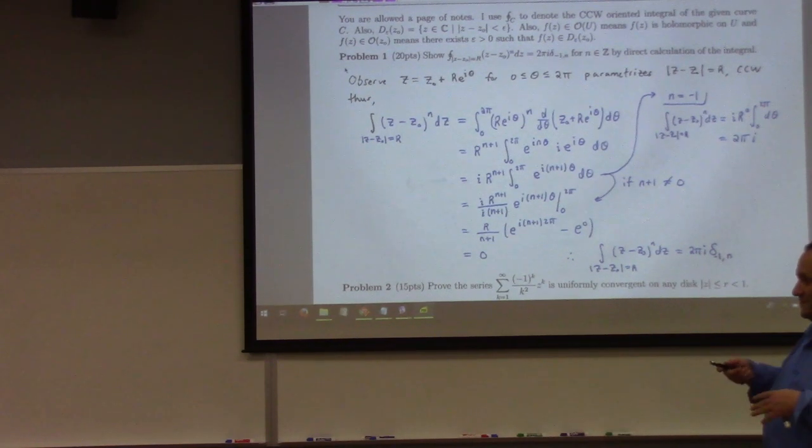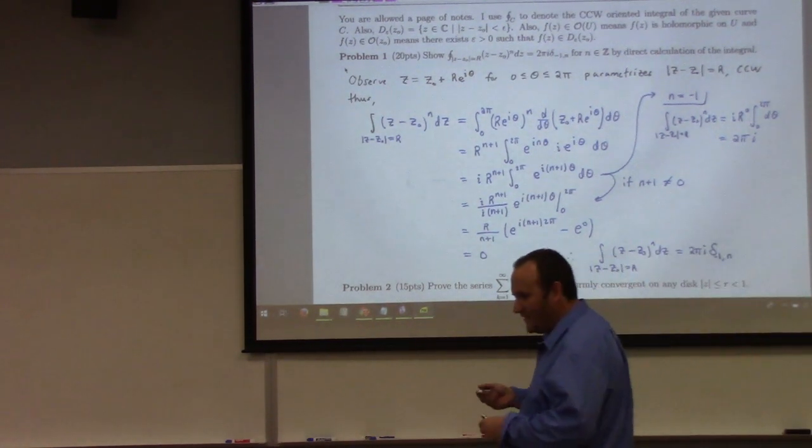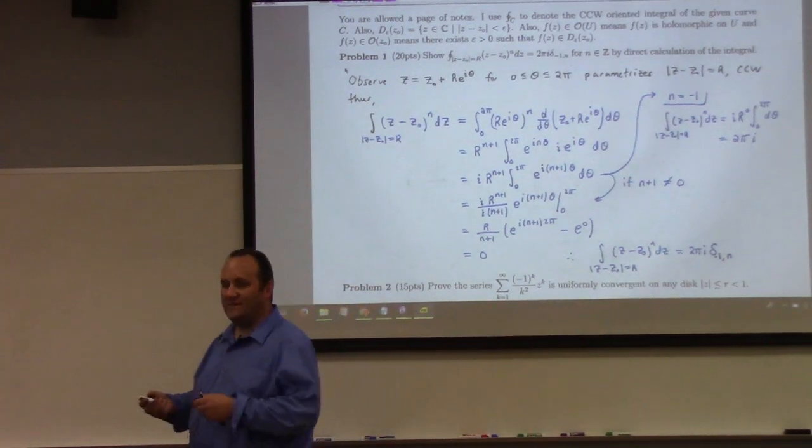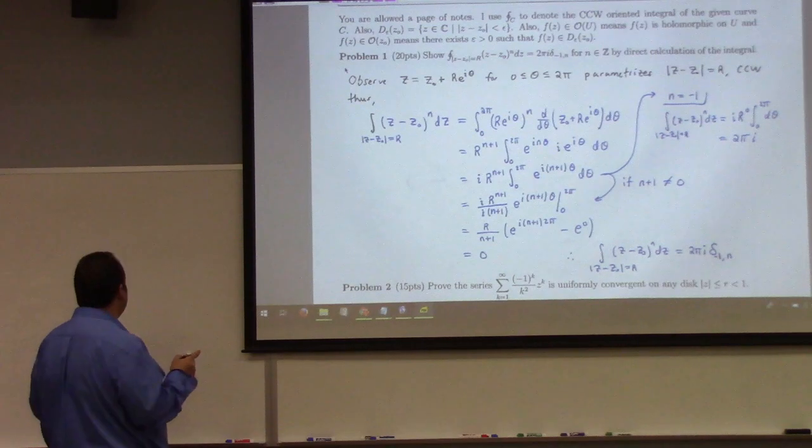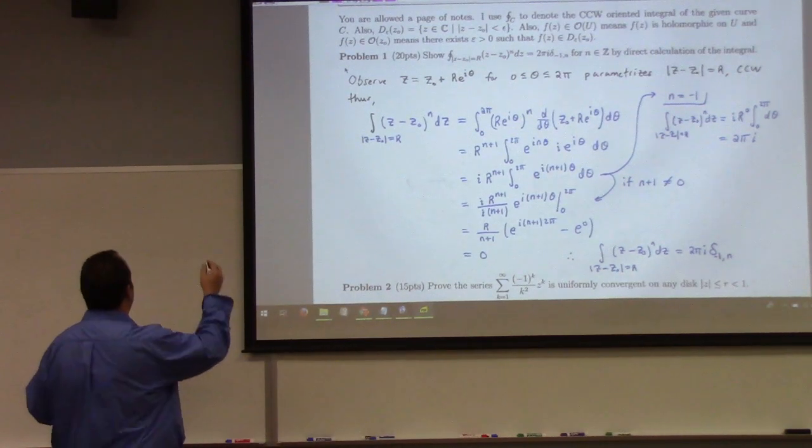So this makes complete sense if you think about the Cauchy residue theorem. Also, if n is not equal to minus 1, and I had one person do this, and I was actually kind of happy about this, this is on the verge of direct calculation. Not quite, but kind of. I could see why a person would think this was direct calculation.